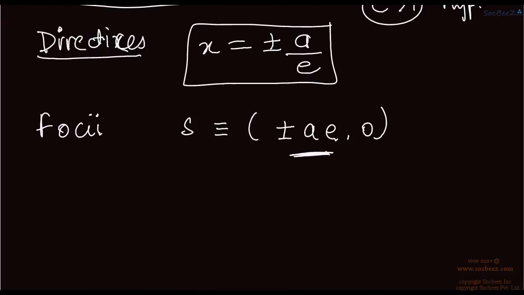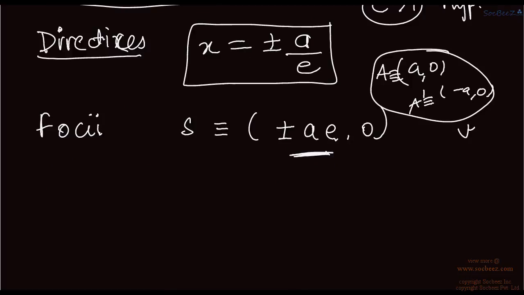Then we have vertices. Of course, I told you a comma 0 and minus a comma 0. Let's say this is A and this is A dash. Fine. So these are the vertices, or you can say vertex.